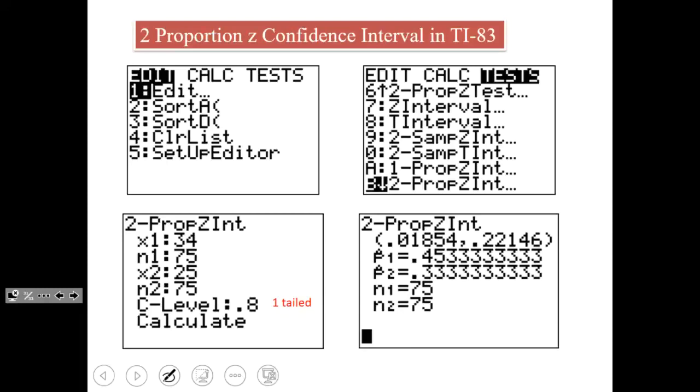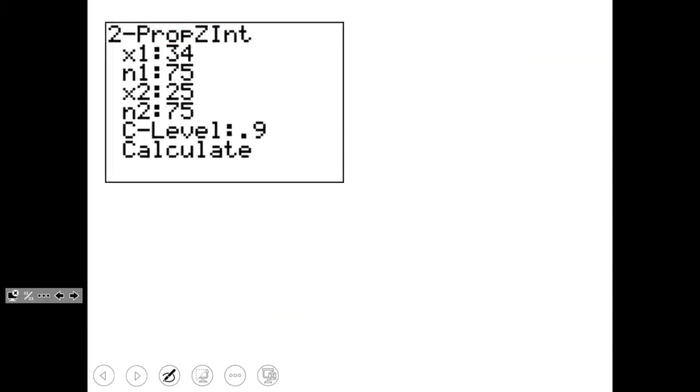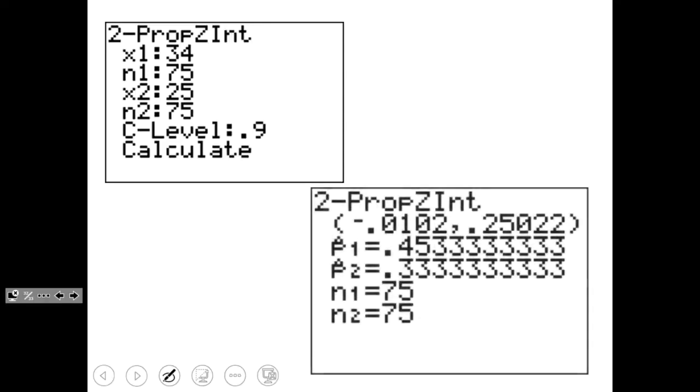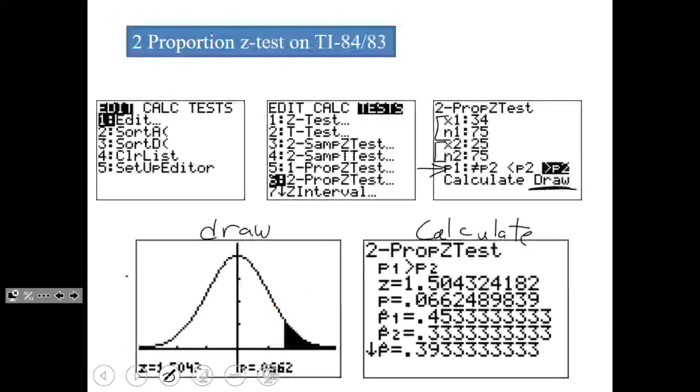We're still getting the same data, just a little different. If I run the two-prop z interval at a 90% confidence level, now I'm getting a negative 0.1. I'm getting a negative rate, and all the way up to 25 percentage points. So what that's telling me is, remember my p-value was 6%.